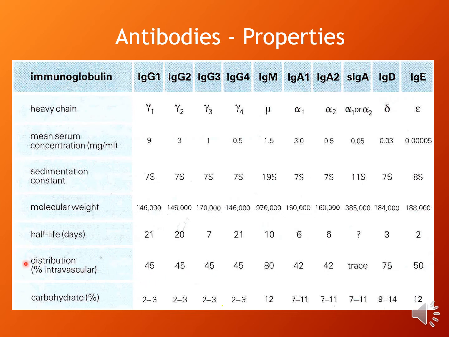What about this distribution percent intravascular? So that means the amount, more or less in terms of percentage, of circulating antibody in the blood.